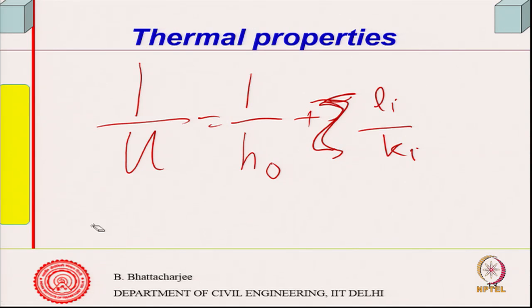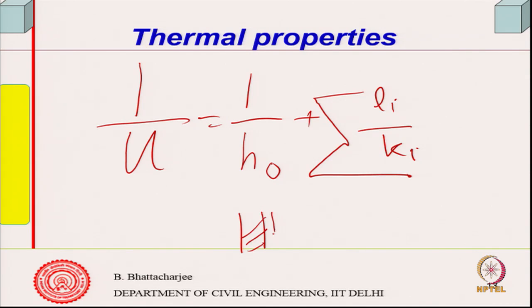Supposing I have got a number of layers, one layer of brick, plaster, another layer, etc., going from 1 to n, plus 1 by Hi.